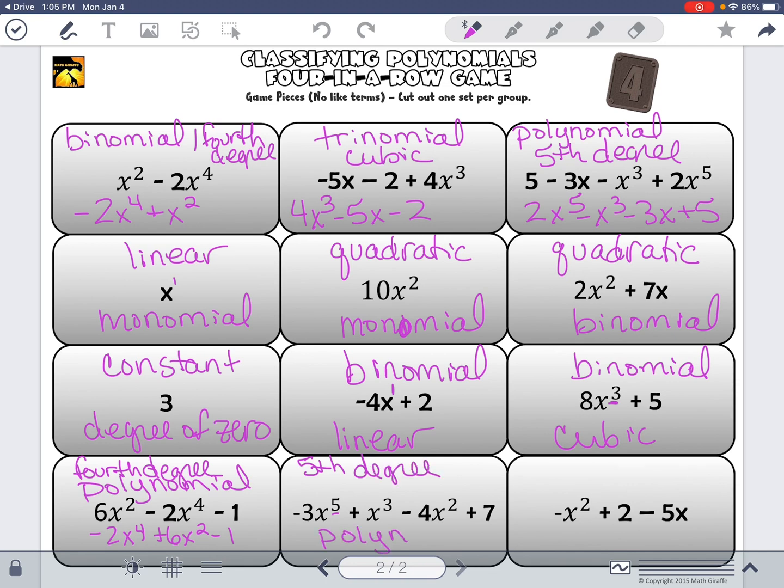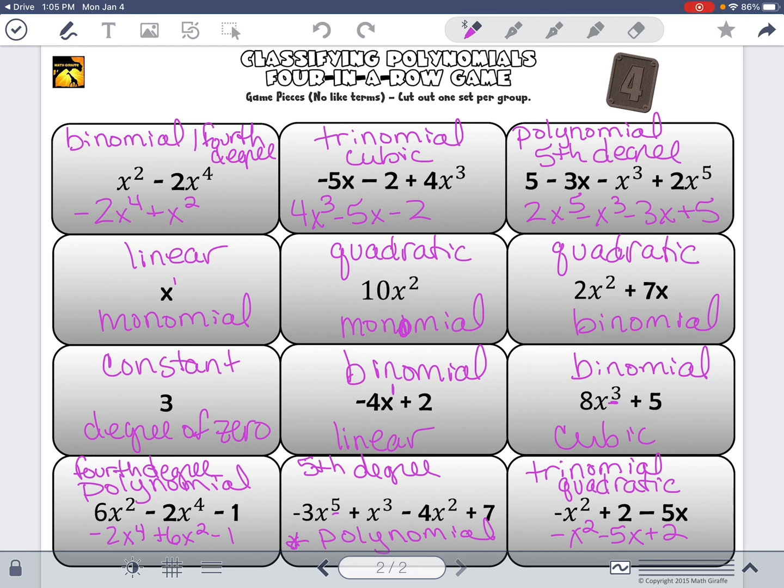Polynomial, it has more than 4 terms. Next one, the highest degree is a 2, but I'm going to put it in standard form. So it's a quadratic, it's a trinomial, and it's quadratic. And this one right here is in standard form, so it's good to go.